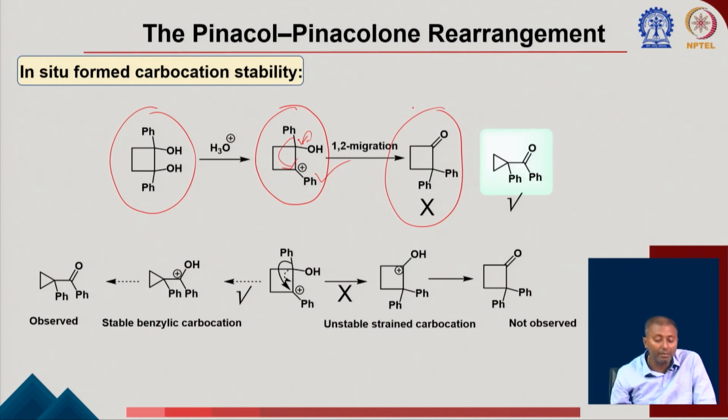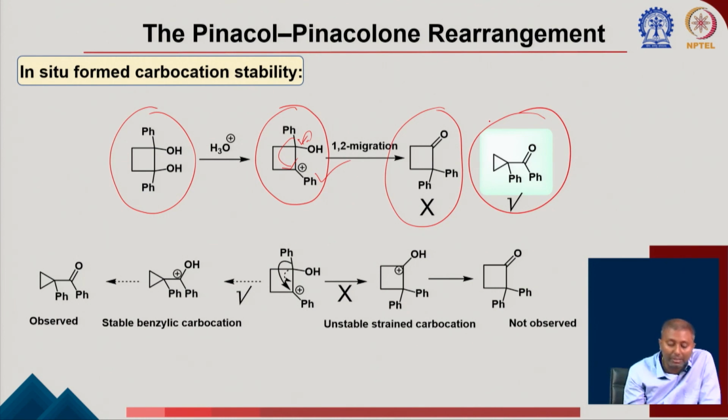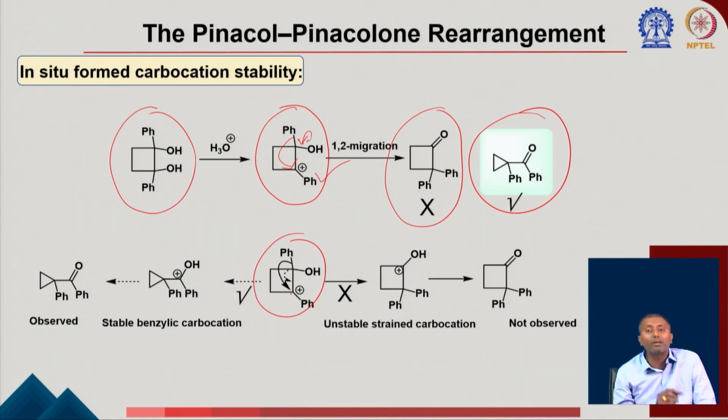What is happening here? We end up getting this as a product, because the formation of this particular carbocation is not favored. You are trying to make a carbocation on top of a cyclobutane, and cyclobutanes are already strained molecules.